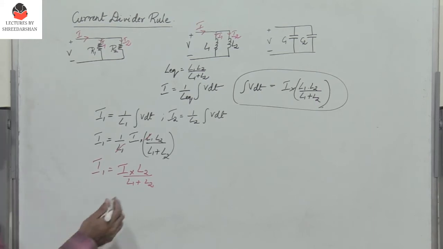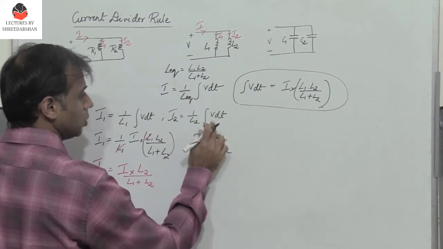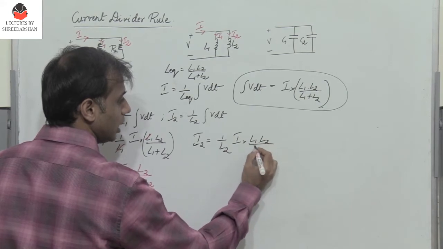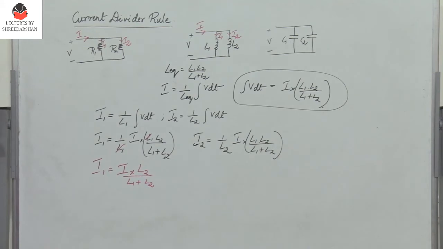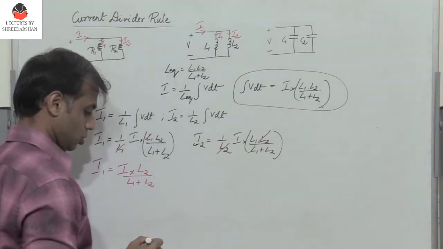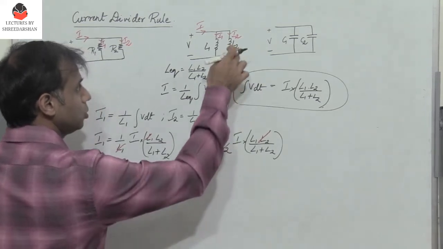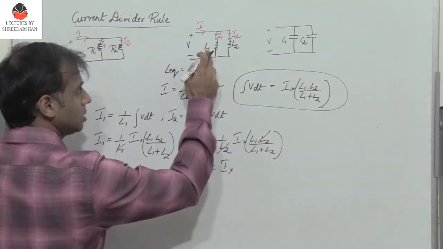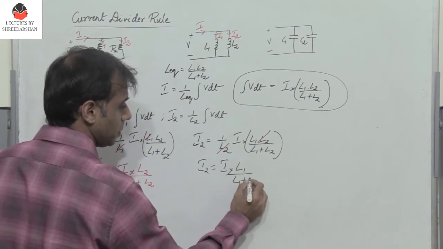And what is I2? I2 is equal to 1 by L2. What is integral V dt? It is I into L1 into L2 divided by L1 plus L2. So what can be cancelled? L2 can be cancelled here. So when I cancel L2, I have I2. The current flowing through L2 is the total current I into the inductance of the other branch, that is L1, divided by L1 plus L2.